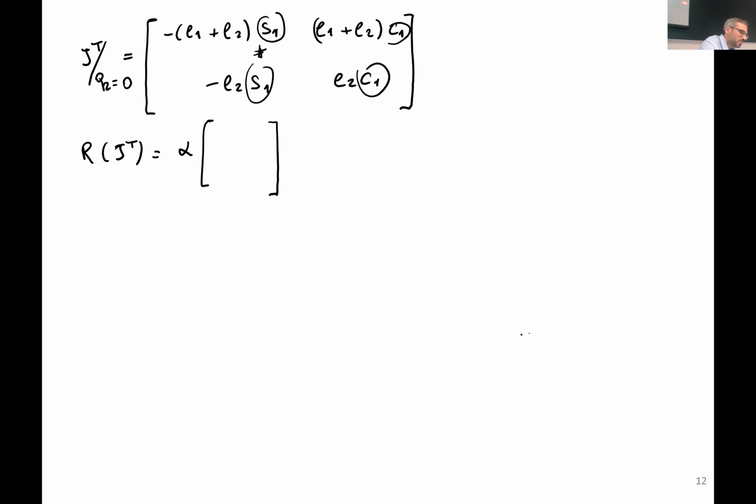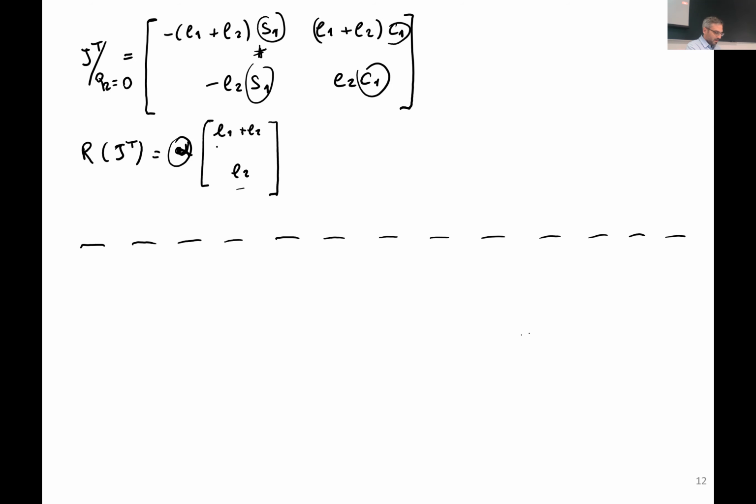So what you do is you multiply L1 plus L2 and L2, these are the scaling factor, then you multiply for a number that you can put it here, you can represent all the two columns with giving different values. So the two columns are linearly dependent and they are related to each other with the scalings.